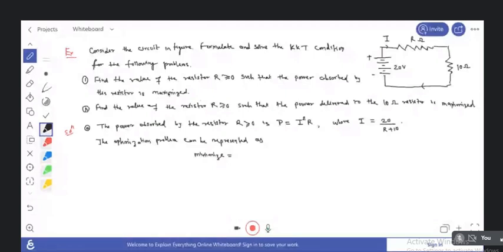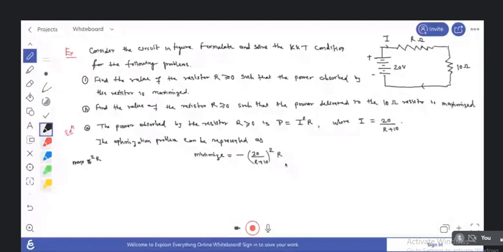If we transform this maximization problem to a minimization problem, then the objective function is minus of the original objective function, and the objective function is power, which is I squared R. So now your maximization problem reduces to a minimization problem: minimize minus I squared R.